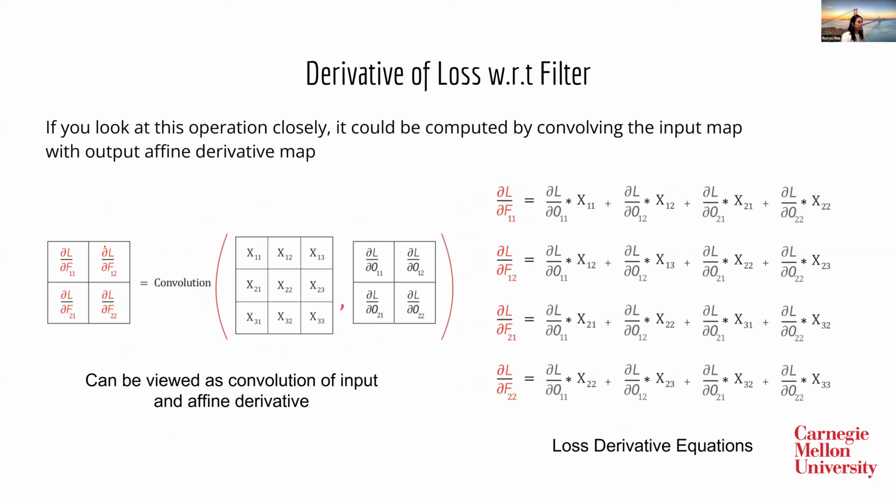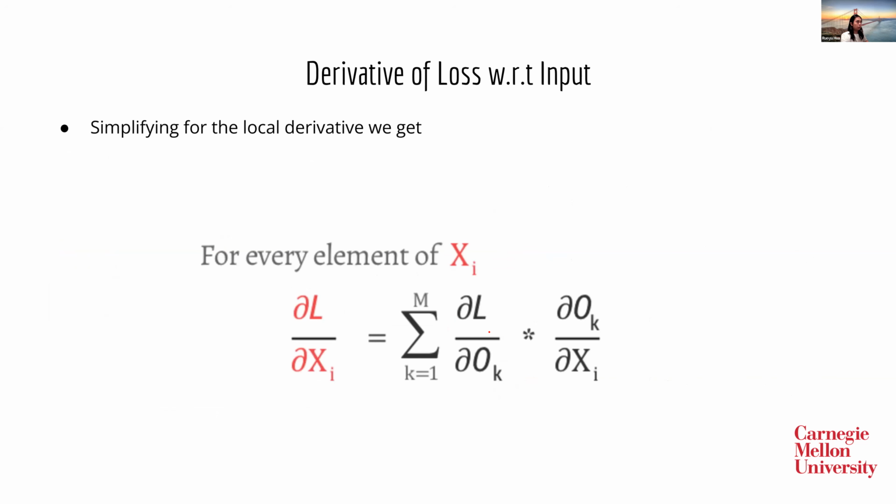So we can see that the derivative of the filter is actually running a convolution between the input map and the affine derivative output, the output affine derivative map.